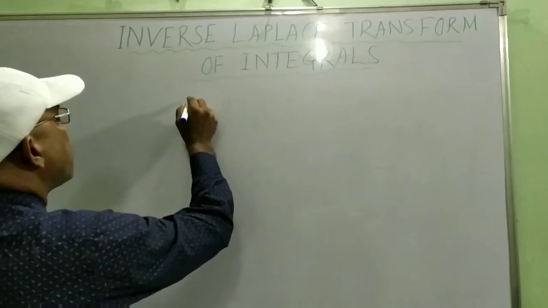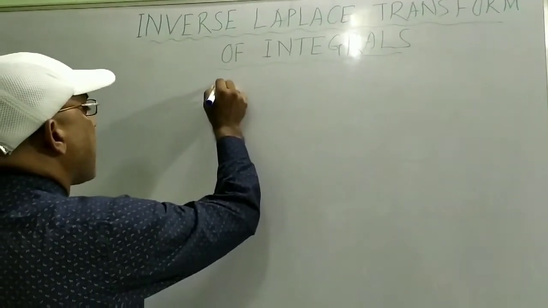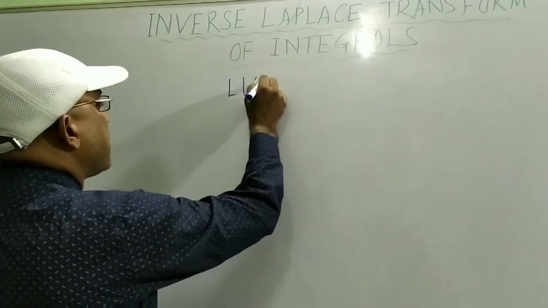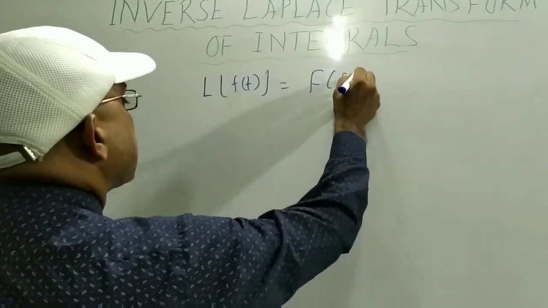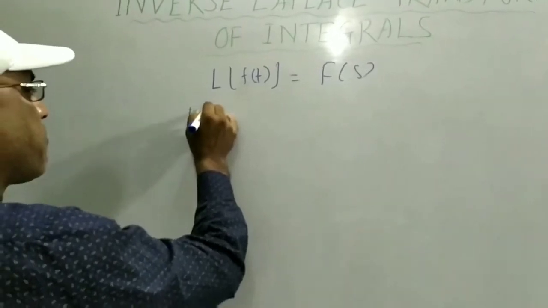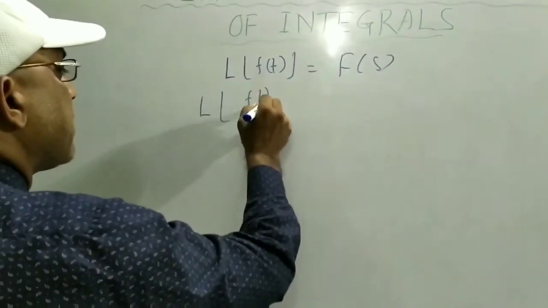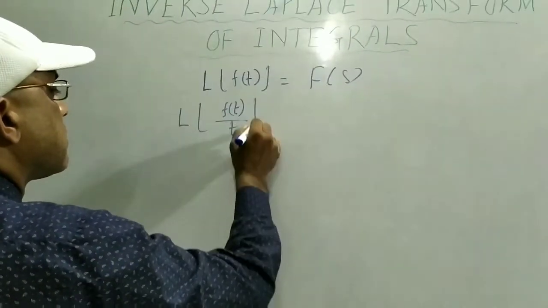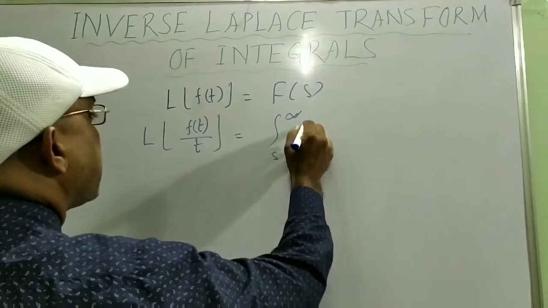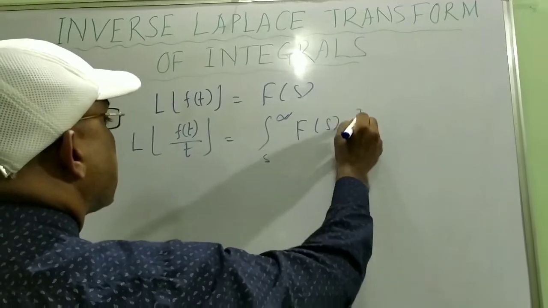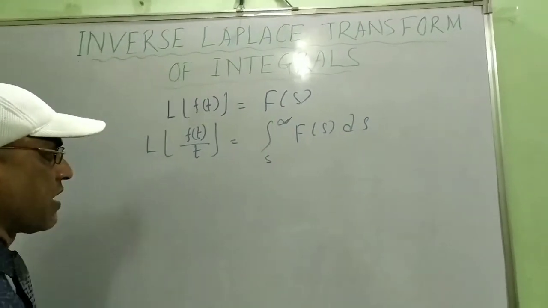Now we know this formula: L of f(t) equals F(s). So if f(t) is divided by t, then we get the integral from s to infinity of F(s) ds. We know this formula.